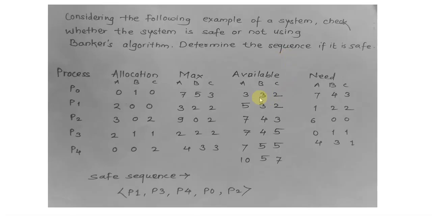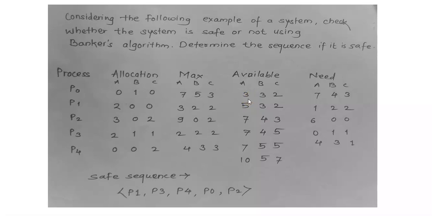Now we are going to find out whether this system is in a safe or an unsafe state. For that, first we will see the currently available resources in the operating system. So 3, 3 and 2 are the available. Now the need of the P0 process is 743.